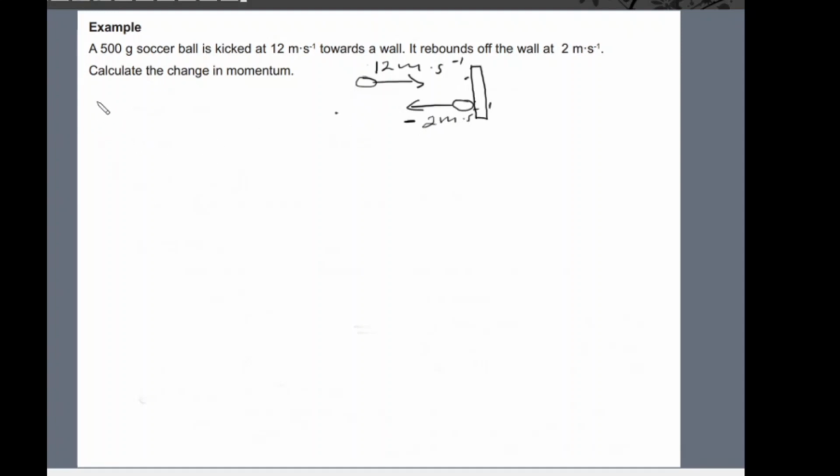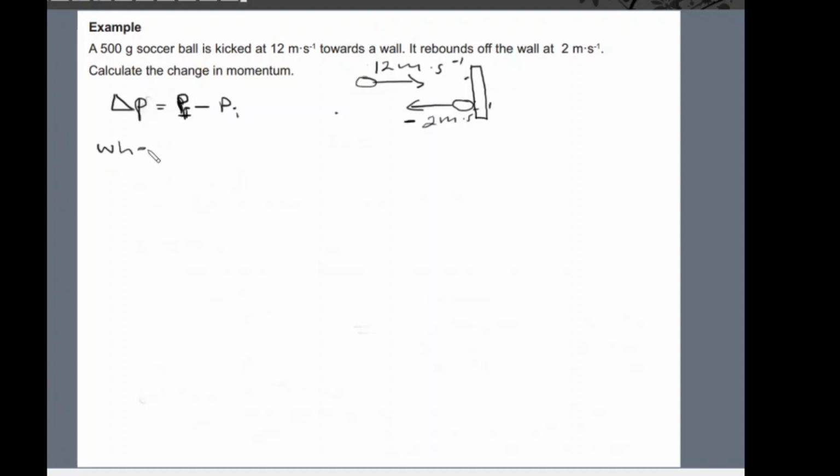So the formula for change in momentum is delta p equals final momentum minus initial momentum, right?